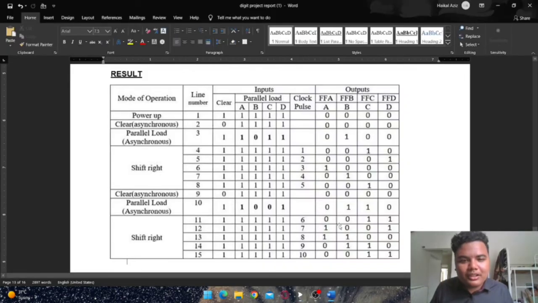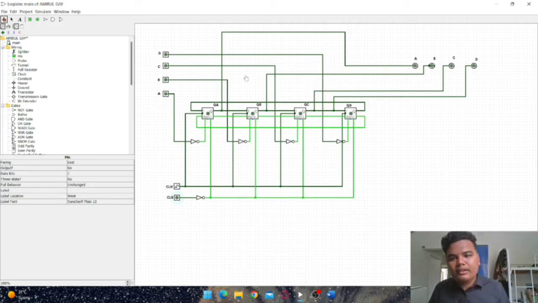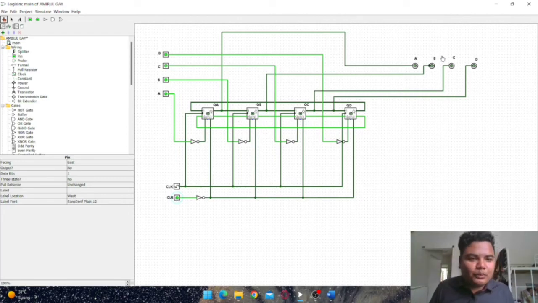From the table, we can see if the input is all 1 and the clear is 1, the output will be 0. So let's try it. As you can see, the output shown is 0.